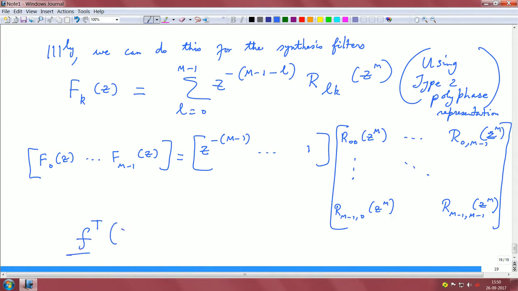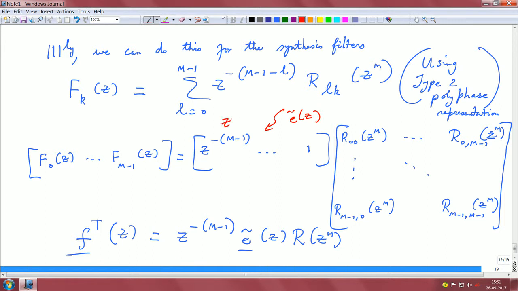F transpose of z is basically z power minus of M minus 1 times some e tilde of z vector times R of z power M. Right, and this e tilde is the transposed version of your e of z.